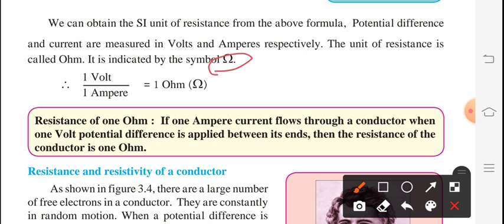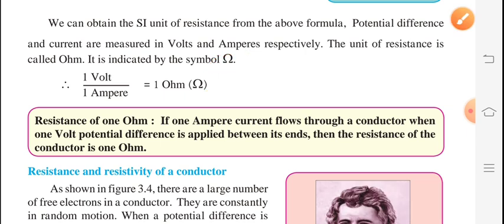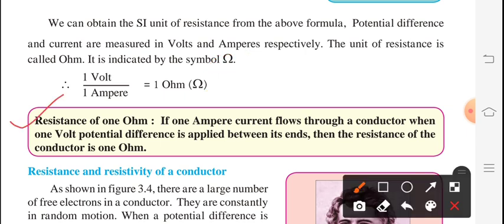So we can write 1 volt upon 1 ampere is equal to 1 Ohm. If 1 ampere current flows through a conductor when 1 volt potential difference is applied between the 2 points, then the resistance of the conductor is 1 ohm.